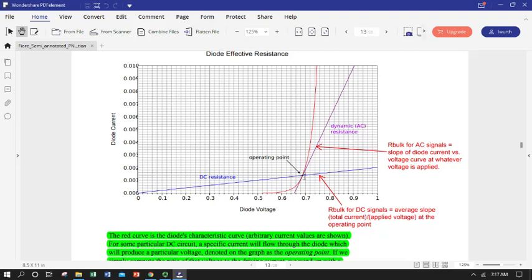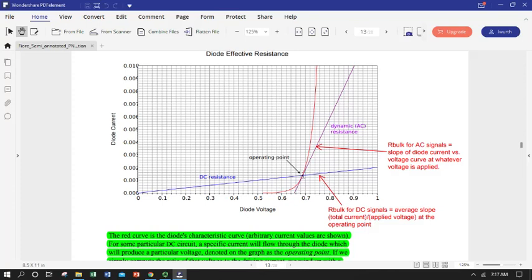So if we're looking at something that has a different slope with every point, which is a curve, this red line is a curve, basically the ratio of voltage to current is always changing depending on where you are on that curve. It's literally defined by this purple line, which is the slope of that curve at any given point. The rise over run, current over voltage, is 1 over R bulk.